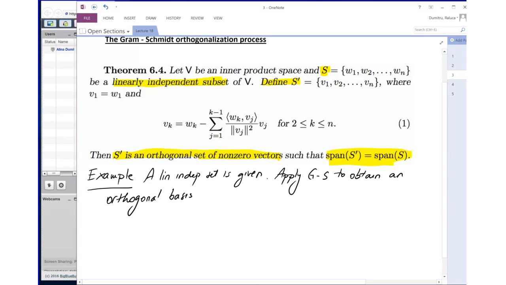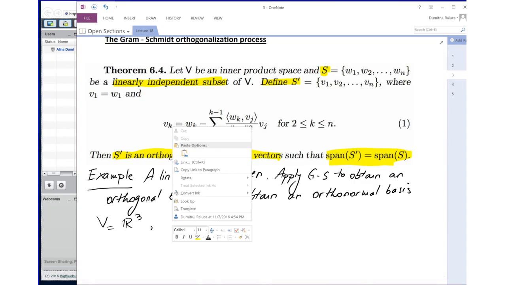And then from that, get an orthonormal basis for the given inner product space. The given space is R3 with the standard inner product on Fn in general.